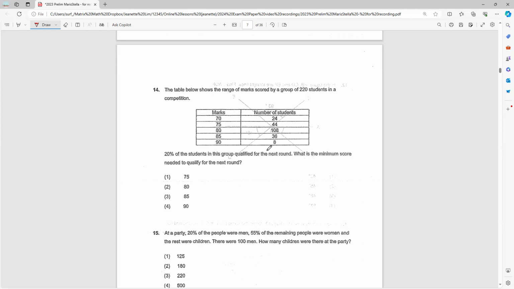Let's find what's 20% of 220. This will be 44, because 2 times 22 is 44. So count from the highest marks. 44 will be this.